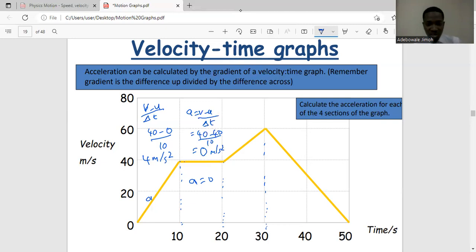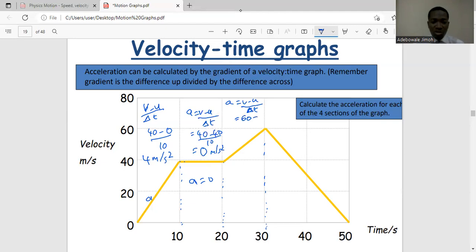This is the top part. The time increased from 20 seconds to 30 seconds, and the velocity increased from 40 meter per second up to 60 meter per second. So what's the formula for acceleration? Acceleration is v minus u divided by change in time. What's the final velocity? V is 60. 60 minus, what's the initial velocity?